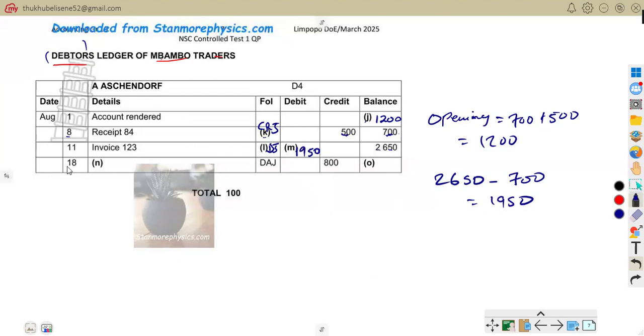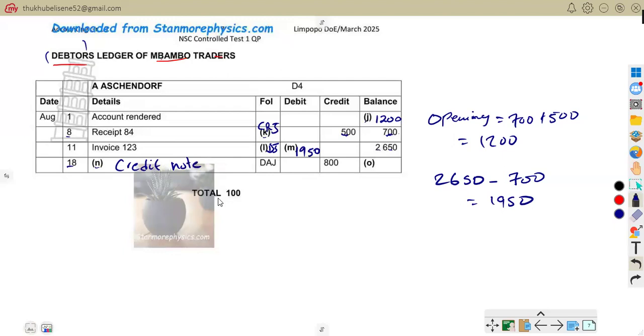So on the 18th now, on this date, we have to know the N under details, whereby we have debtors allowance journal, and now this 800 on the credit side. So what is the detail for this? The detail there is a credit note.